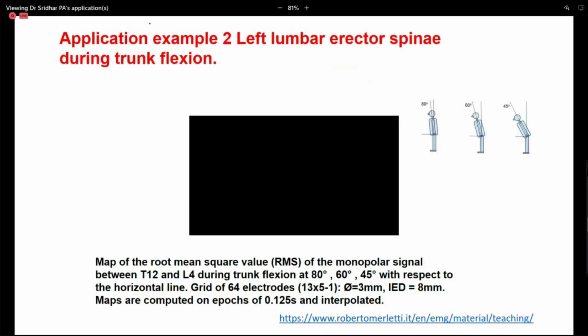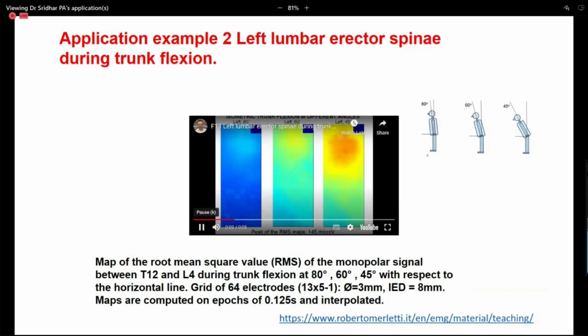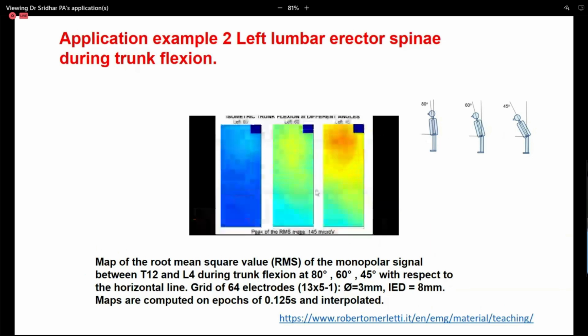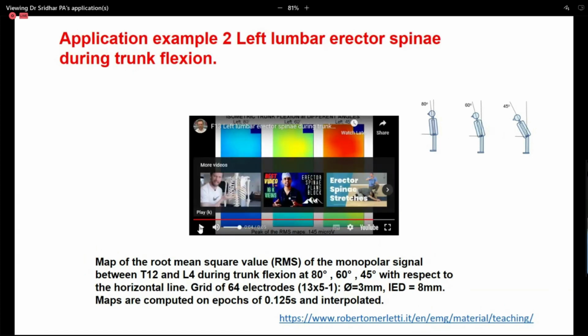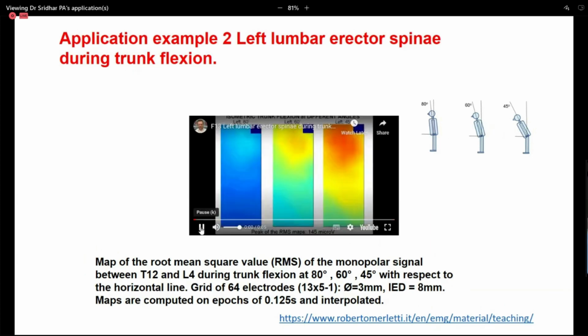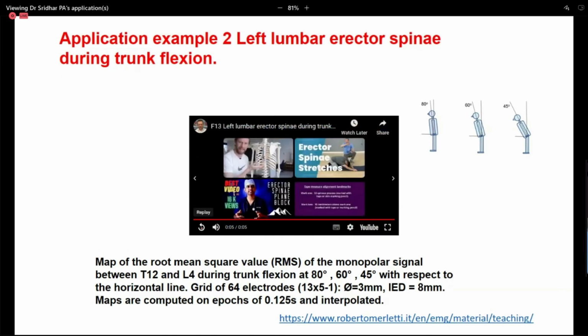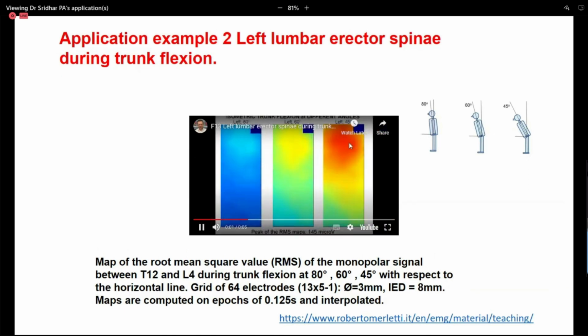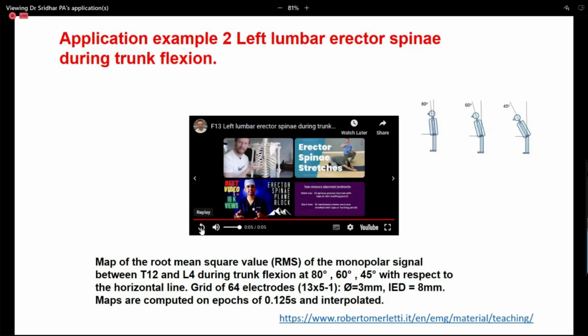Another example, at this point, you can see three different angles where you are bending. Based on these three different angles, you will see the change. If I'm straight, or at 80 degrees, what will the condition be? If there is more activity, the color changes, color coding happens with respect to that.